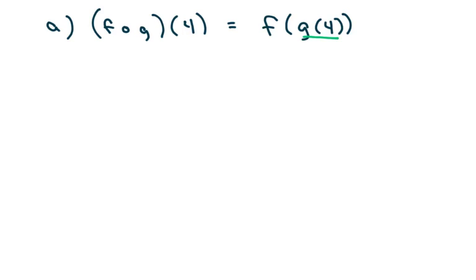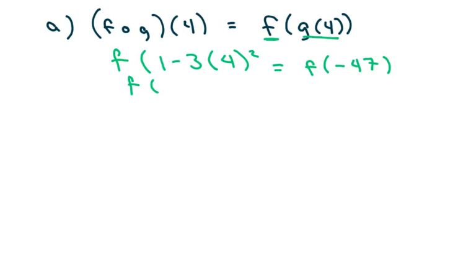And so we have f of 1 minus 3, you input 4, squared, and that's going to equal f of negative 47. And then we're going to do the outer function. This is your outer function, and find f of negative 47, and that's going to be 2 times negative 47 squared, which equals 4,418.